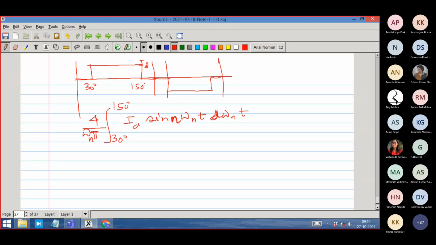So you will see that this is equal to 4 by 2 pi into Id into minus cos n omega t, where omega t varies from 30 degree to 150 degree. So the fundamental, A1, is equal to 4 by 2 pi Id into root 3.